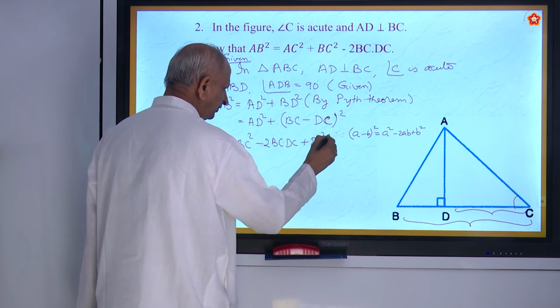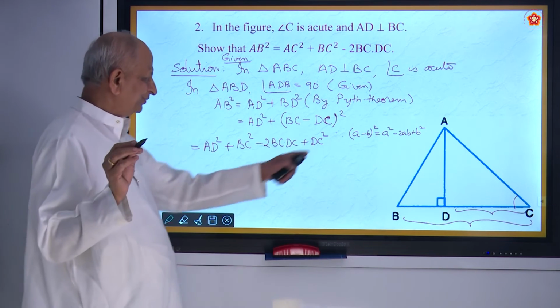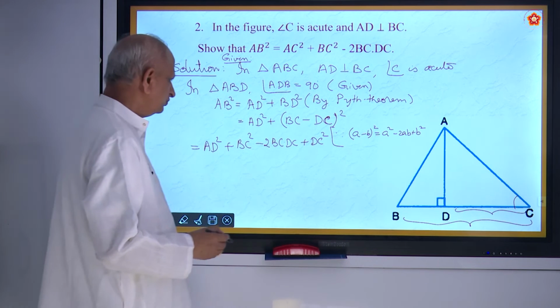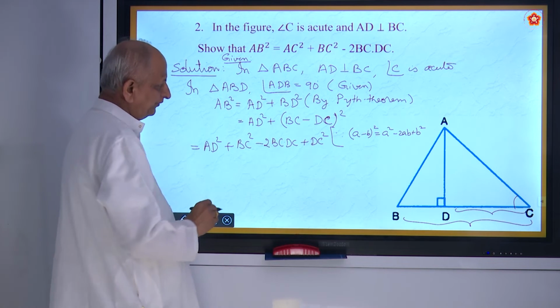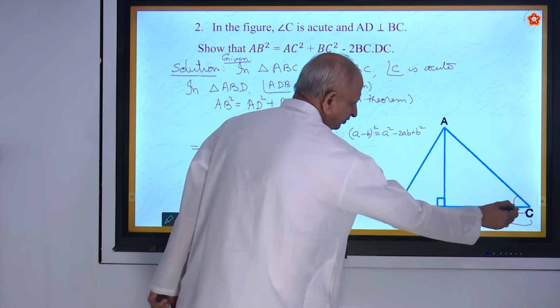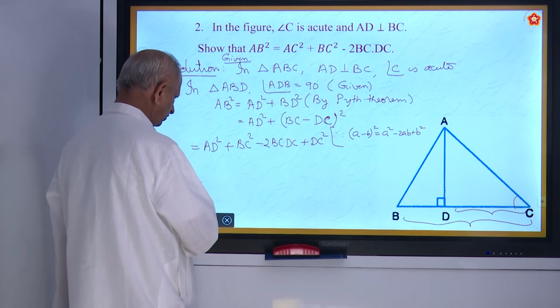B square is DC square. Okay? By using this formula. Now, if you see the figure, AD square plus DC square means what? AC square, right? So you got the answer.